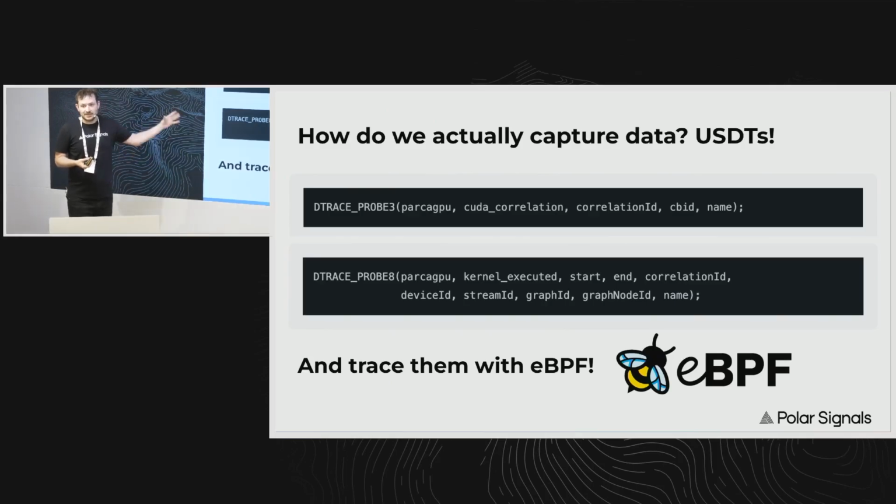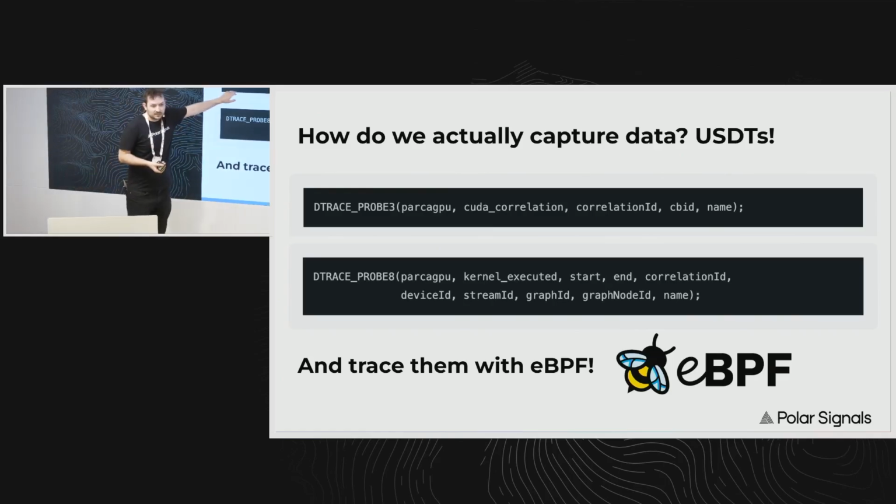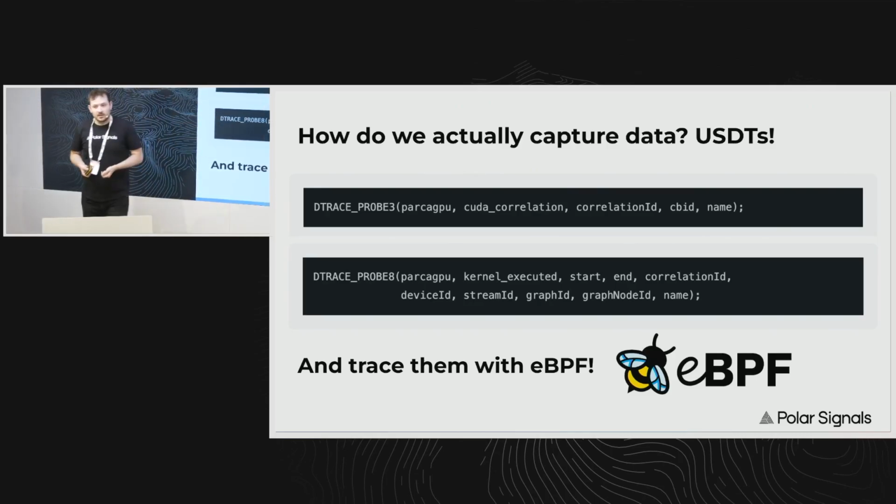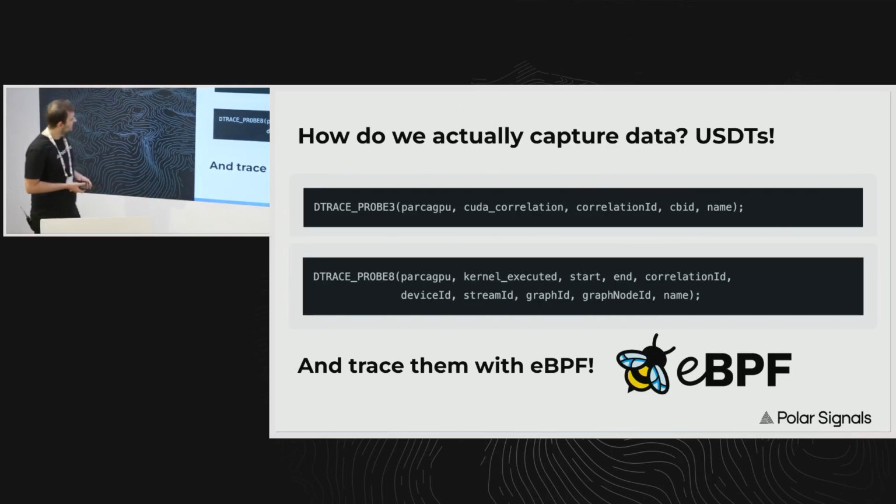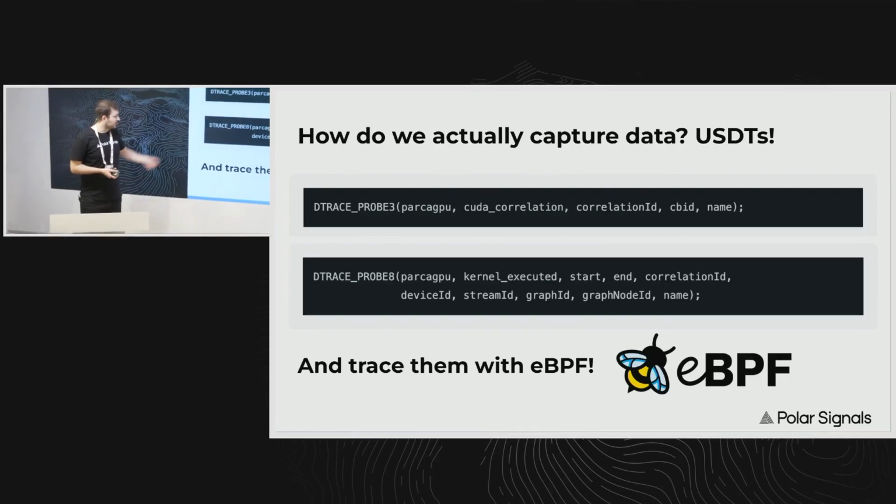These are static trace points that we've instrumented our shim with, and we effectively call them every time a CUDA kernel is launched or a graph execution is launched. And then as we're listening to the completion of events, we also fire another trace point whenever that happens.